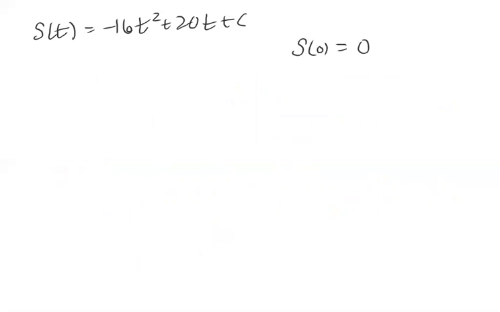So s of t is, again, negative 16 t squared plus 20t plus c. And we're told that s of 0 is equal to 0. S of 0 is negative 16 times 0 squared plus 20 times 0 plus c, and that's equal to 0. On the left-hand side, negative 16 times 0 squared plus 20 times 0 is all 0.